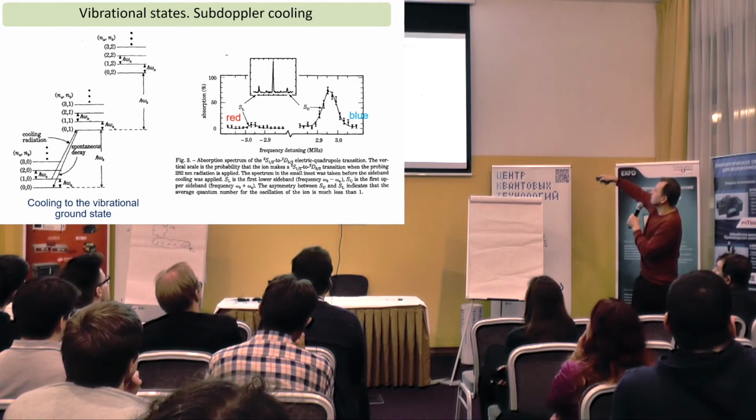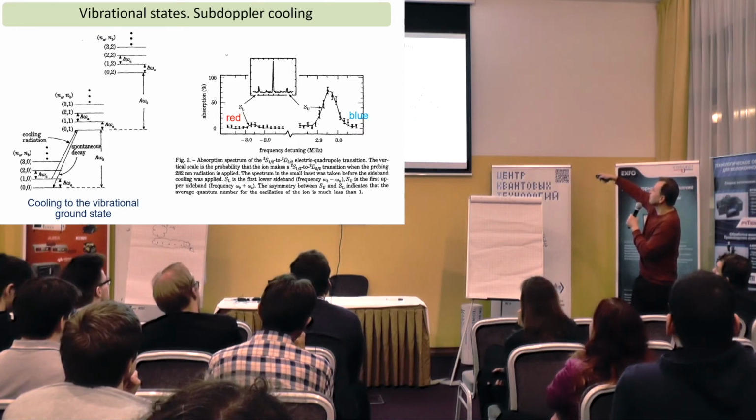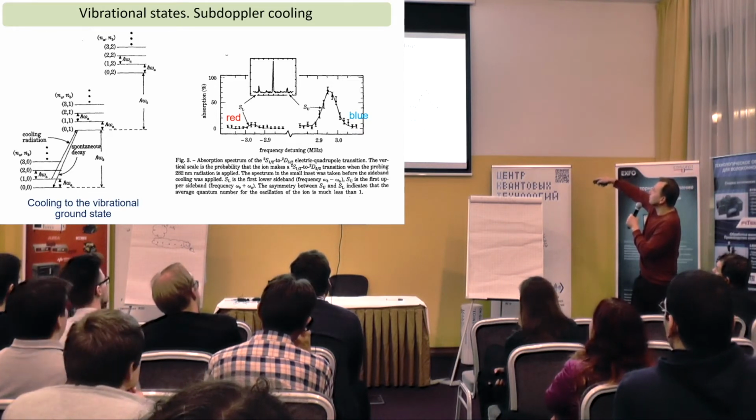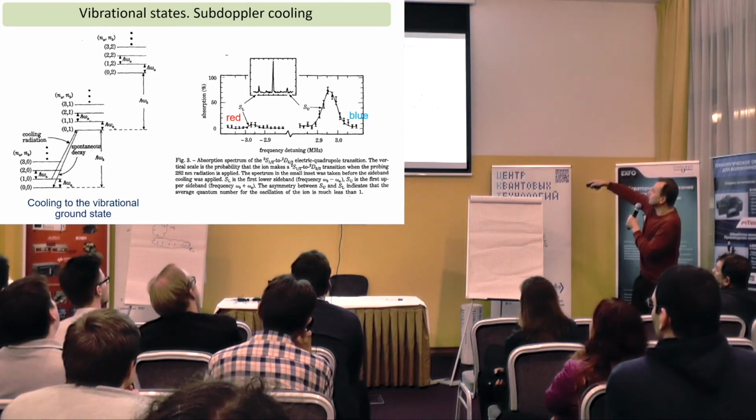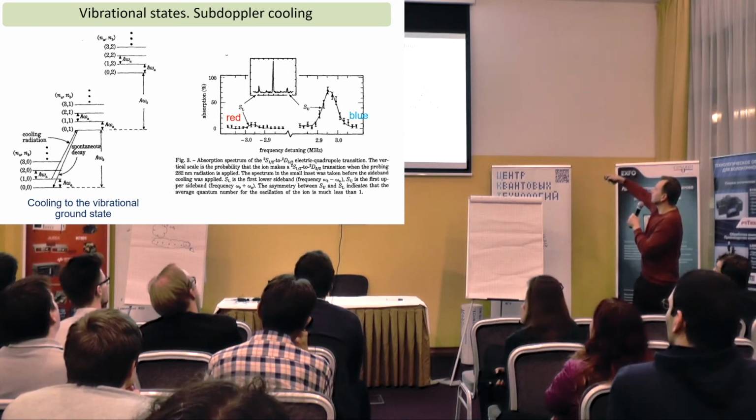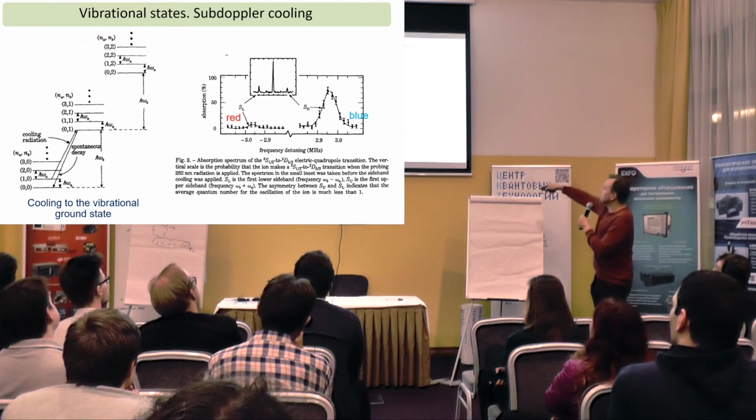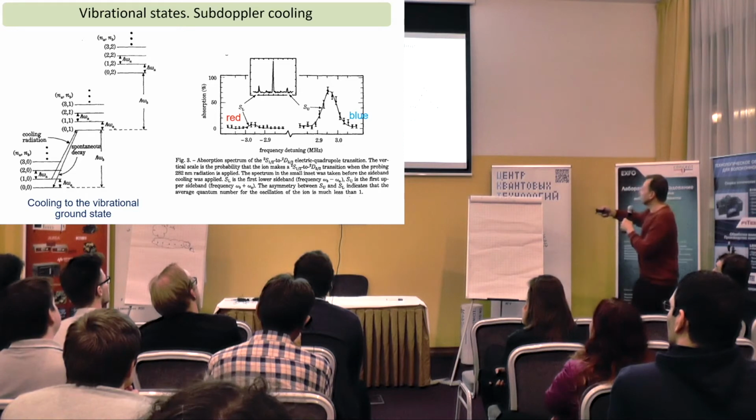So you see that the red sideband is not present anymore, which means that there is no population on this level, and the blue sideband is quite strong, which means that most of the population sits on the ground state.